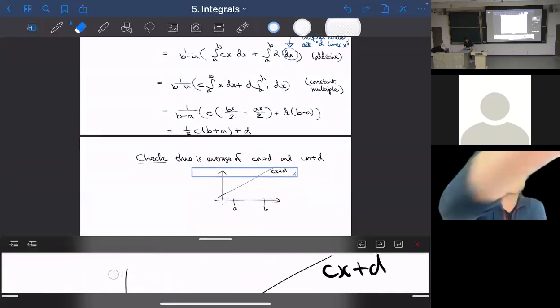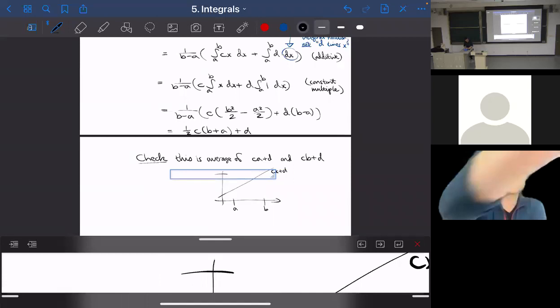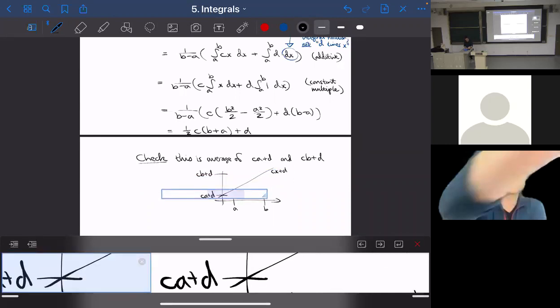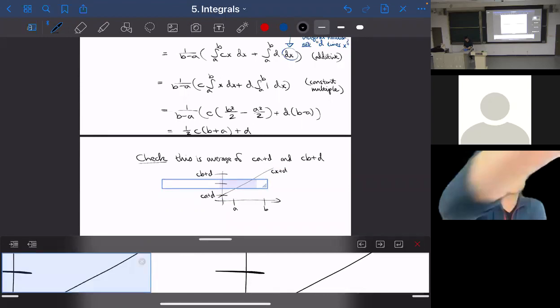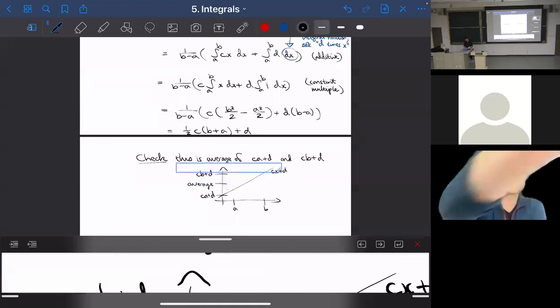I made that a bit too high. Our graph is cx plus d. Then the values at a and the values at b have the average halfway between them.